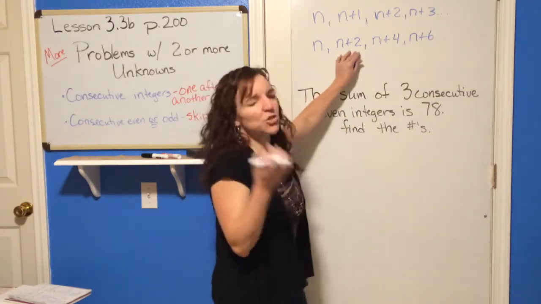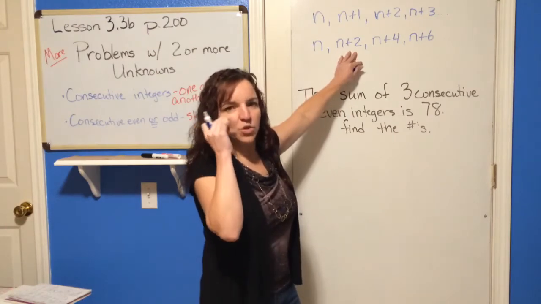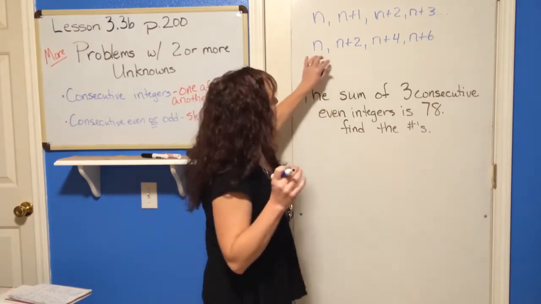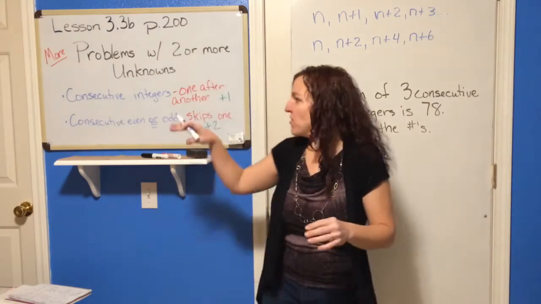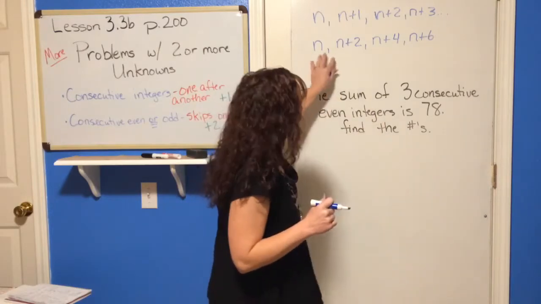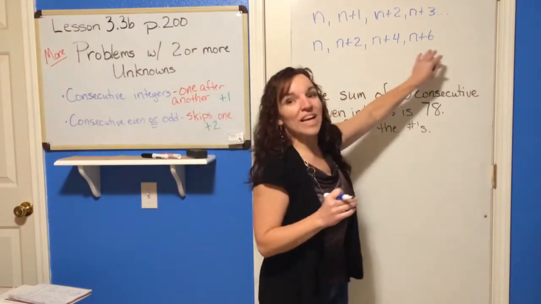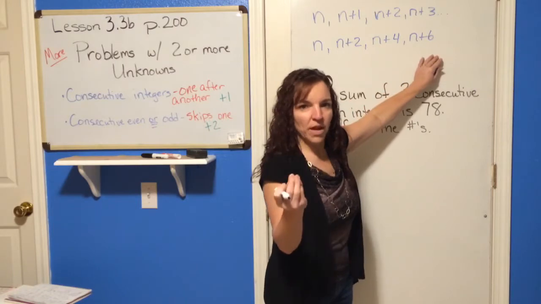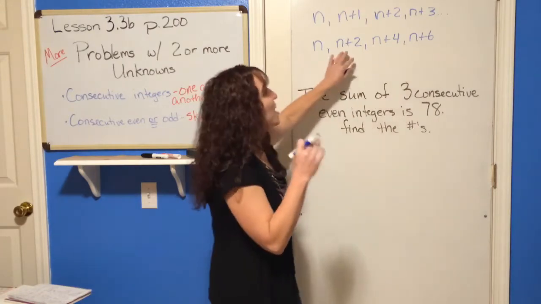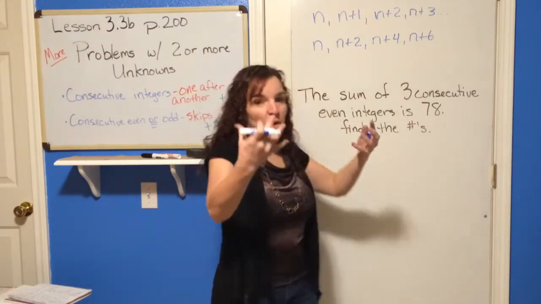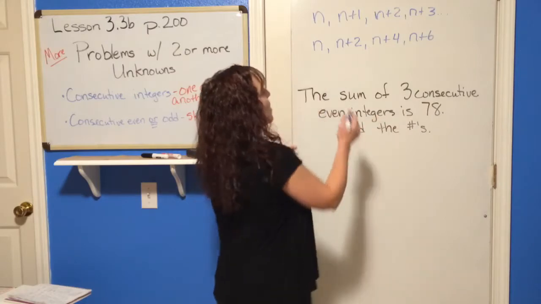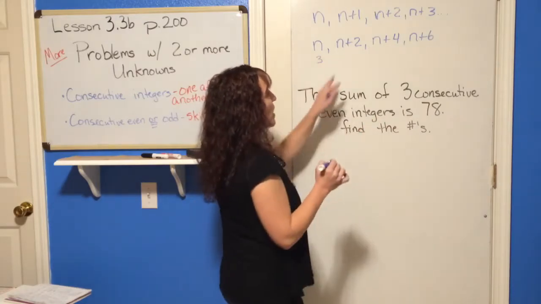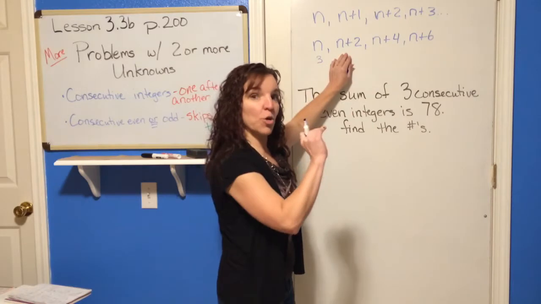Now this is easy to understand with even numbers because we think of 2, 4, 6, 8 as even. If you have consecutive odd numbers, you're still going to add 2, 4, and 6. You won't add 1, 3, and 5. You're going to add 2, 4, and 6 because if you have an odd number, say the number 3, if you add 2 to a 3, you're going to go back to an odd.